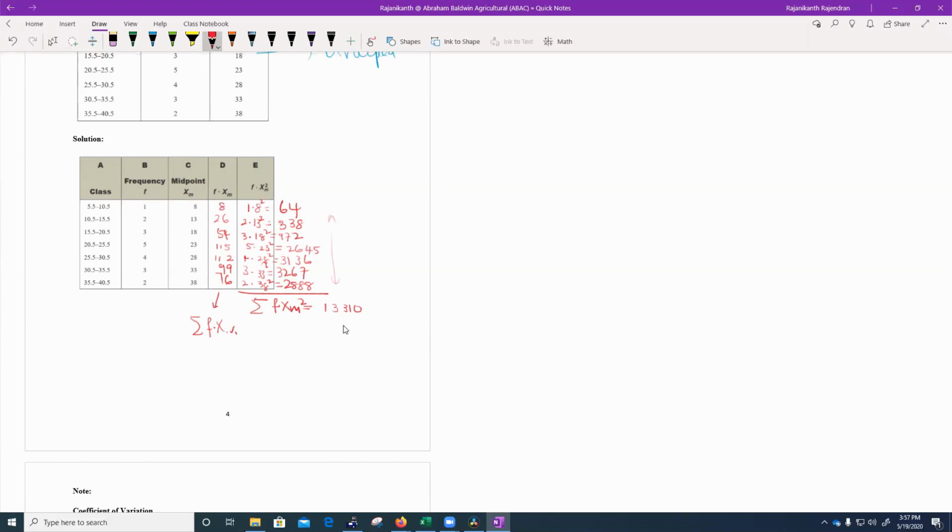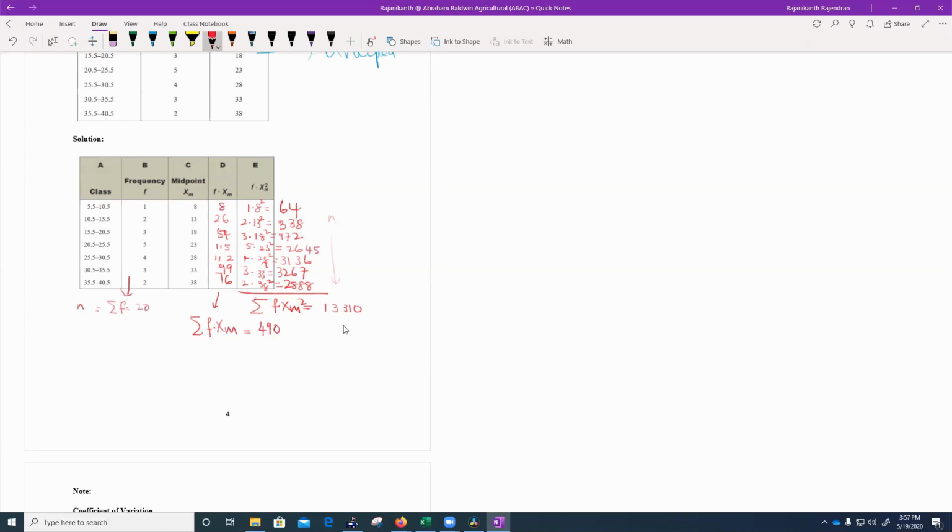Simply add this column's data values, and if you do it correctly, you should get 490. Now, this column is my frequency column. If we add all the frequencies, this is nothing but my little n, that is 20.